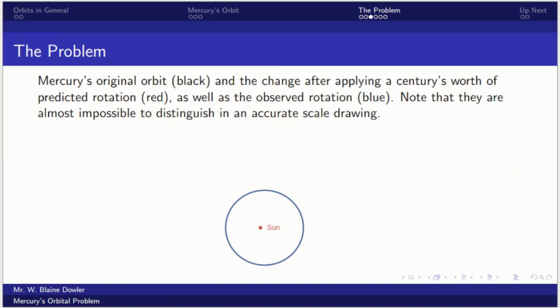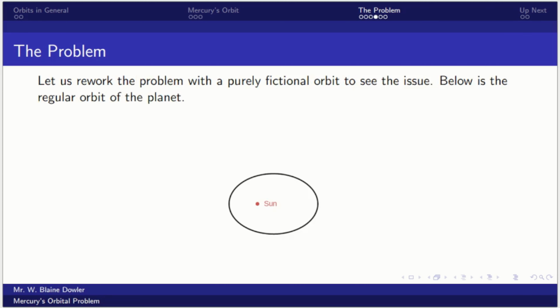So if we look at the three of them, here I've got all three graphed. The observed rotation is in blue. We can only see the blue. So I do want to keep things precise and specific in these lessons, but in this case, we're going to have to move to a fictional orbit to get the point across. So this orbit is far more elliptical.